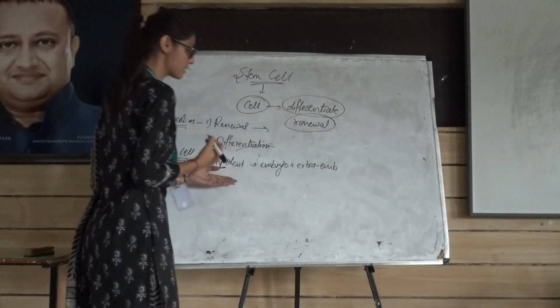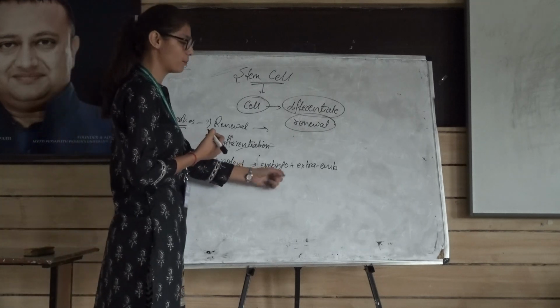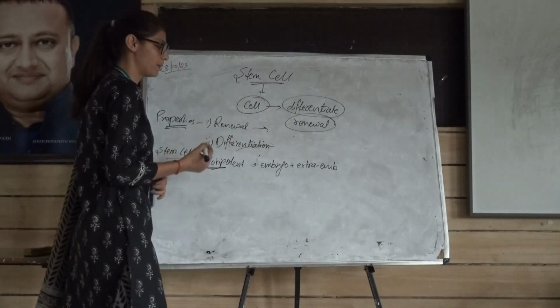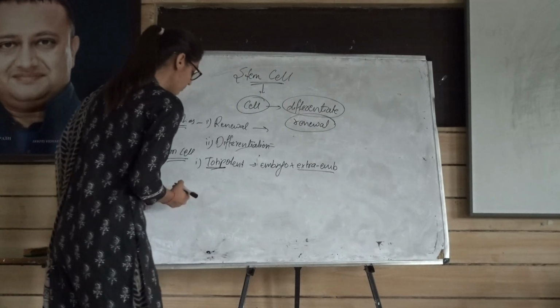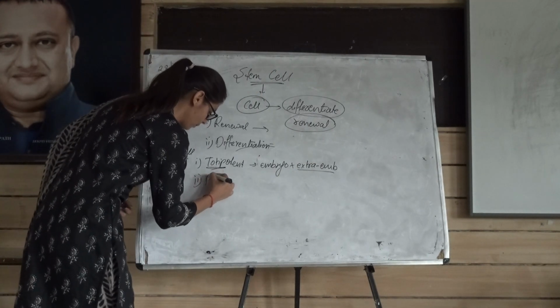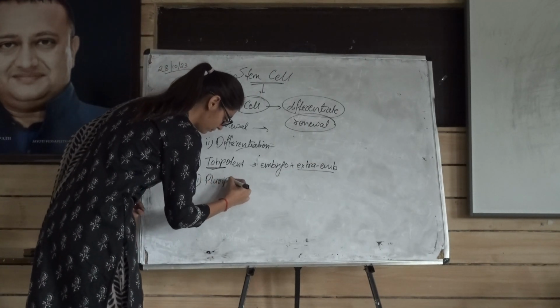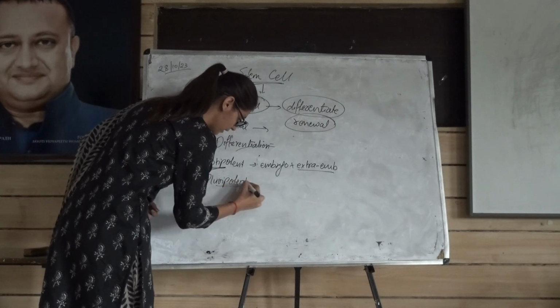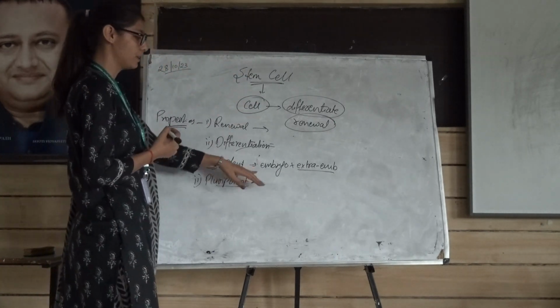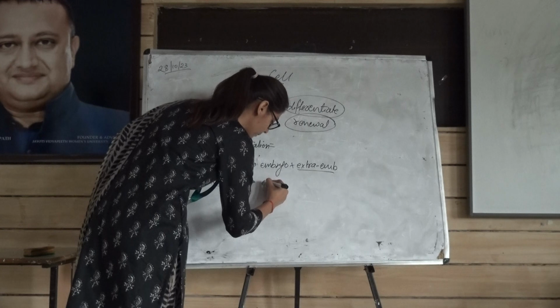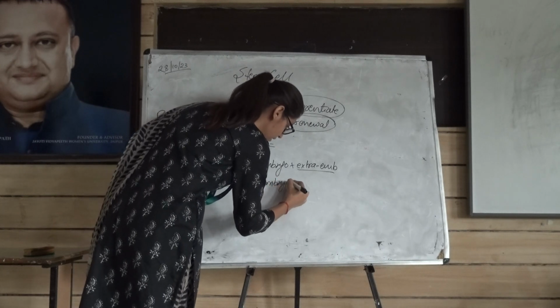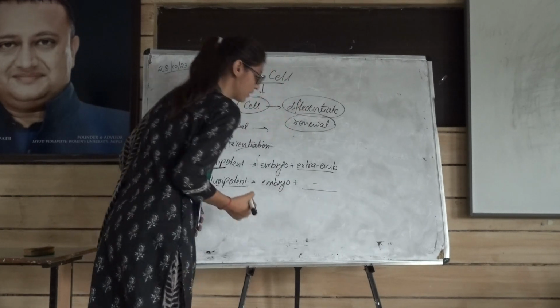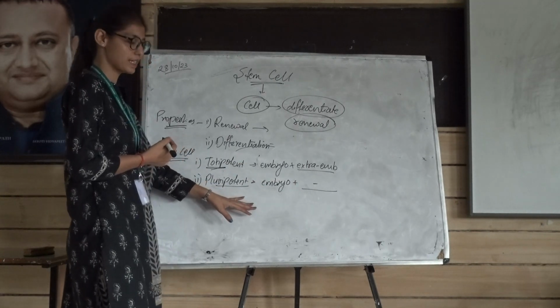So totipotent stem cell has the ability to produce embryonic part as well as extra embryonic part. Second one is the pluripotent stem cell. These stem cells have the property to produce a complete embryo but the extra embryonic part cannot be produced by this type of stem cell.